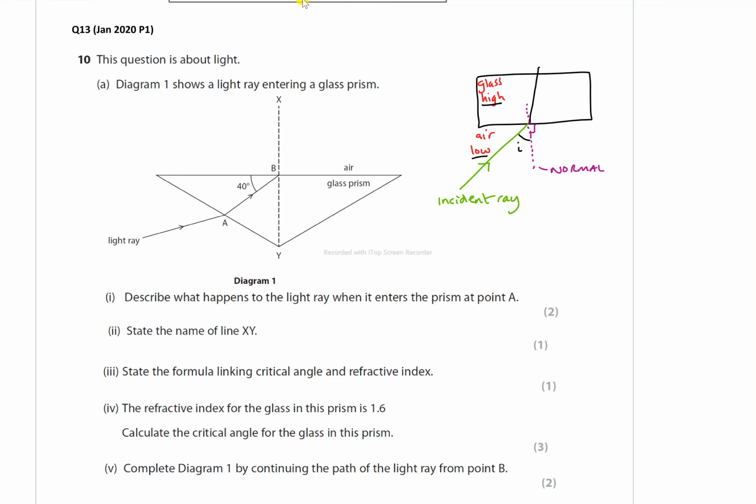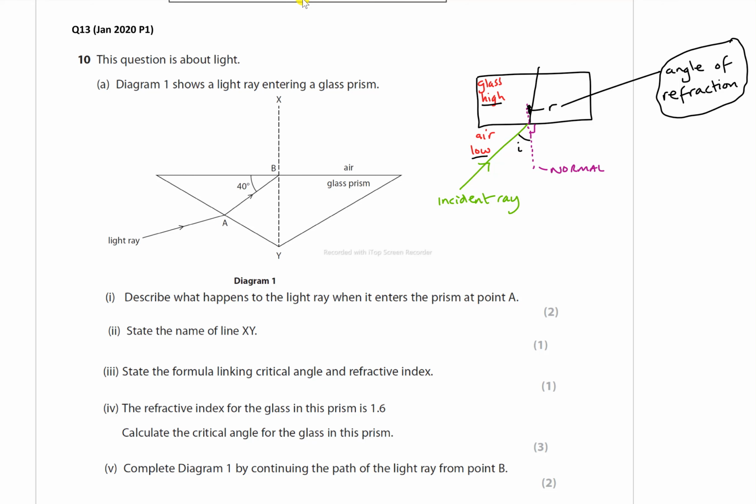So I've exaggerated it there. So this angle here is the angle of refraction. You've got to start learning these, otherwise it's just a soup or a mess in your head.